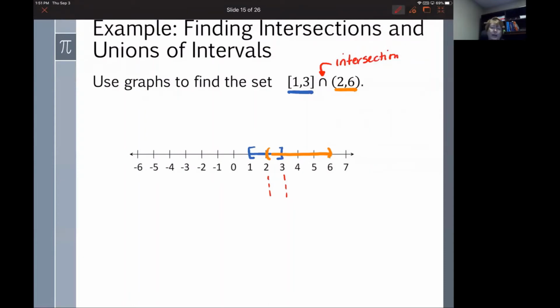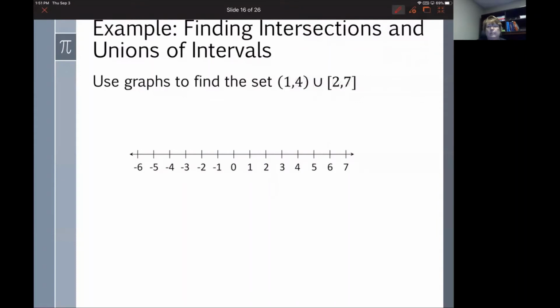So we're going to write that set as parenthesis 2, comma 3, bracket. So the intersection of those two sets are the numbers from 2 to 3, not including 2, but including 3. This set is called half open because we're not including the 2, but we are including the 3.